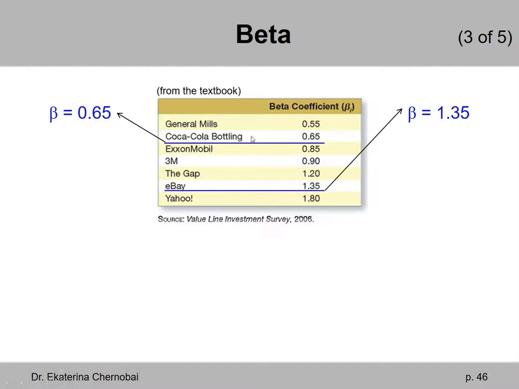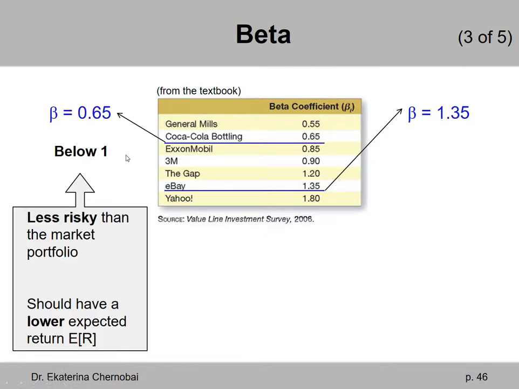One is below 1, for Coca-Cola. One is above 1. So all we're going to say is that anything that's below 1 means there is less risk than the amount of risk observed for an average company in the economy, or for the market portfolio, in other words. So because the beta for Coca-Cola is only 0.65, that's below 1, right?